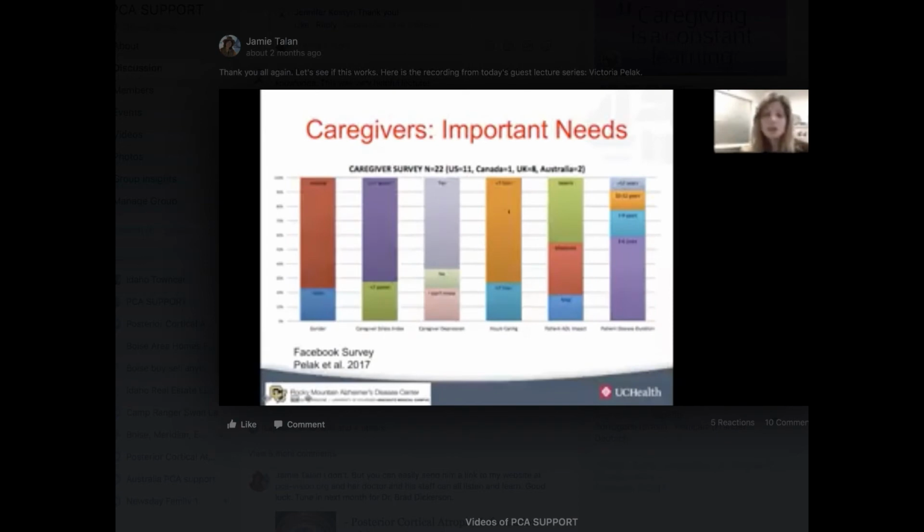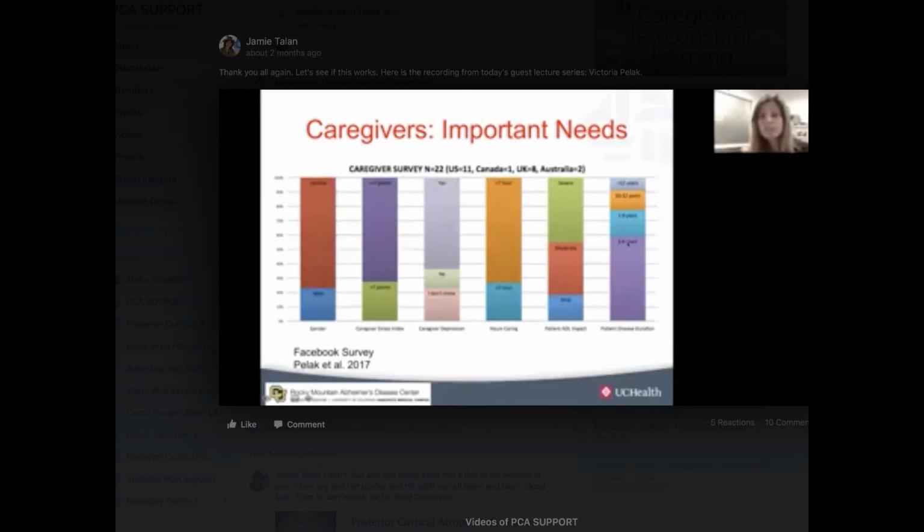A large degree of hours dedicated to caring in a day. And even with people with PCA with only moderate to mild impact on what we call ADLs, or activities of daily living, there was still a lot more caregiving than goes on usually with only moderate to mild impairment. And then we can see the years that the person they were caring for had been suffering from symptoms.